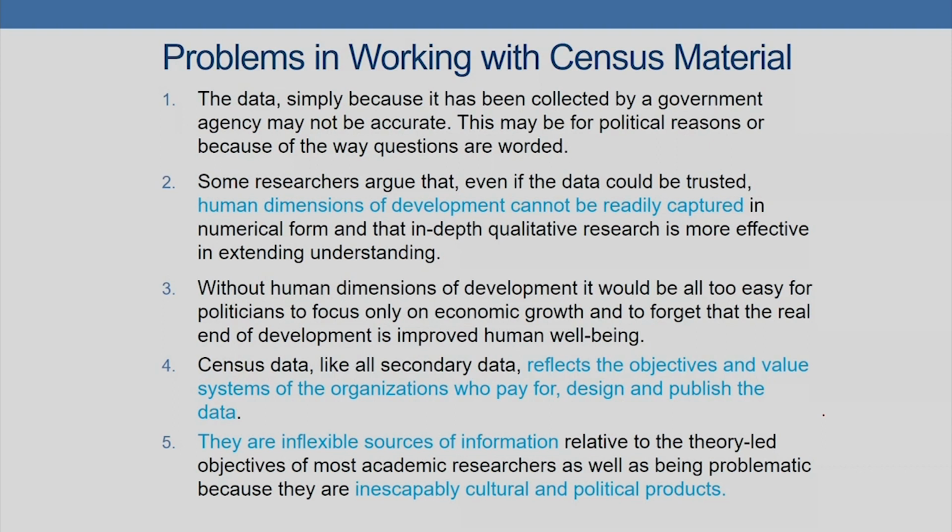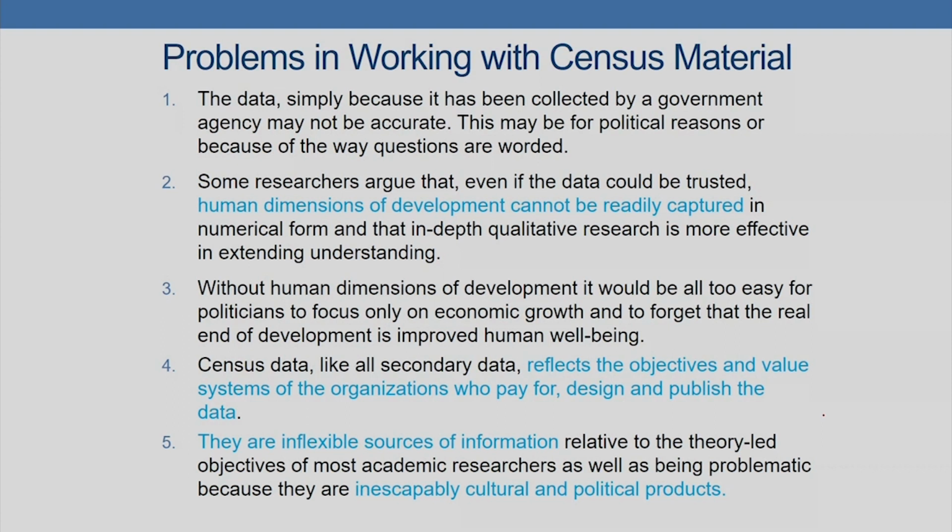Similarly, the NSSO, the CSO, and other data sources such as the National Family Health Survey, which is carried out by the International Institute of Population Sciences, and the demographic health surveys, are ultimately in the form of numericals, and therefore there are arguments that the human dimensions are not being covered properly by these surveys. Now, census data, like all secondary data, reflect the objectives and value systems of the organizations who pay for, design and publish the data.